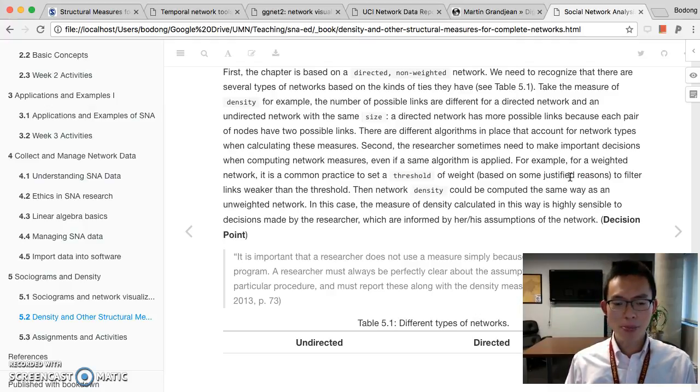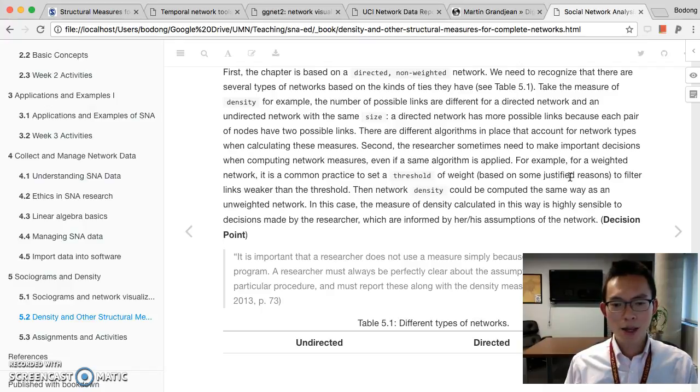I remember last week's example. There's a lot of links which have a weight of 0. So you need to filter those edges and remove them from any kind of computation of density, so that you actually do not include them because their weight is 0. It doesn't make sense to include them. And there are a lot of other decisions you need to make.